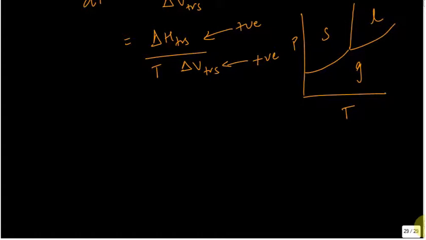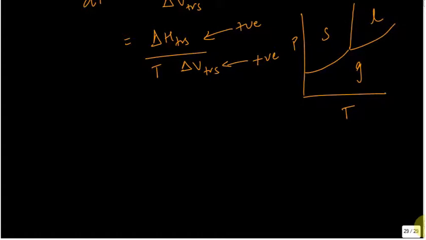These are dense condensed phases. So my denominator is going to be very, very small, which means dP by dT, the slope, is going to be really huge. And that's why the slope is the maximum for the solid liquid equilibrium line, right?